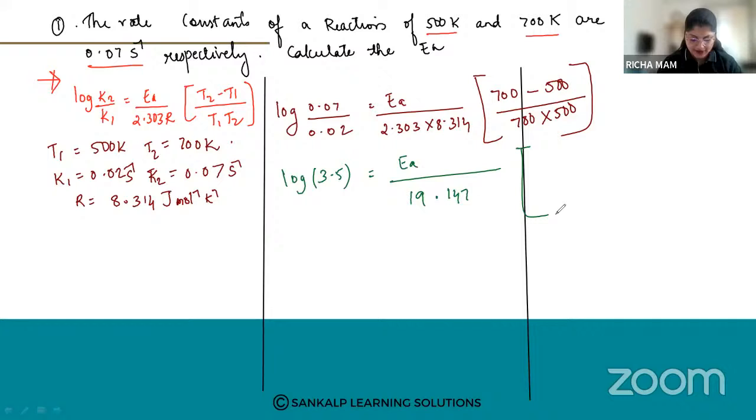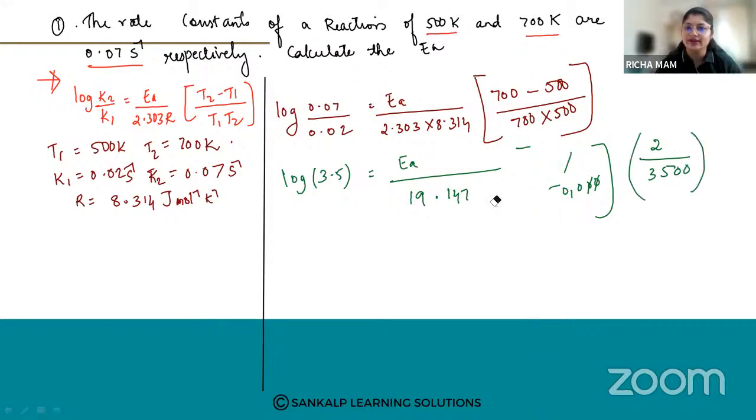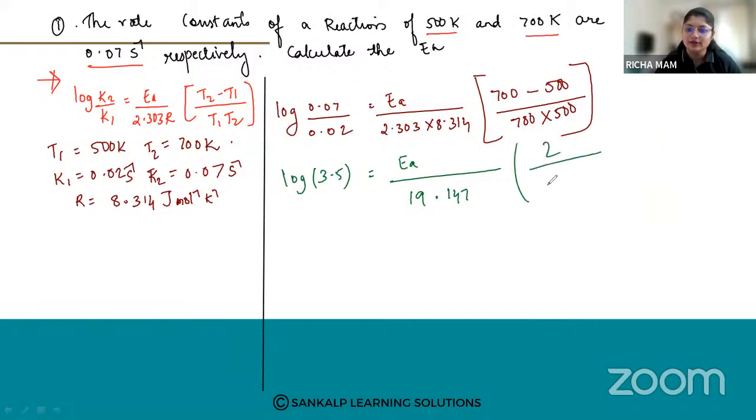Then temperature: 700 minus 500 is 200, so 200 divided by 700 into 500, which is 350,000. The two zeros get cancelled, so this becomes 2 by 3,500. Got it?